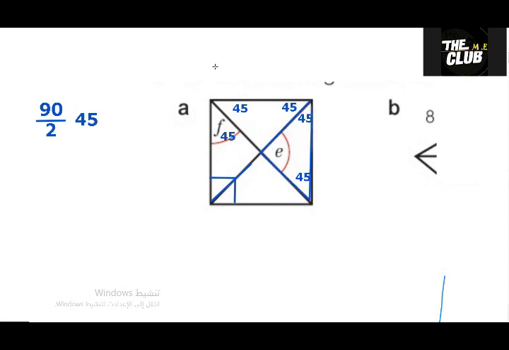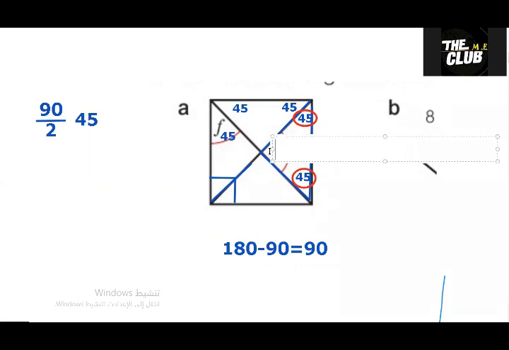We're going to add the two 45s together and then subtract them from 180, because we know that the sum of angles inside a triangle is 180. So we say 180. Let's make it bigger. Now, when you add these together, you will get 90. So 180 minus 90 equals 90. So E here is what? Very good. It's 90.